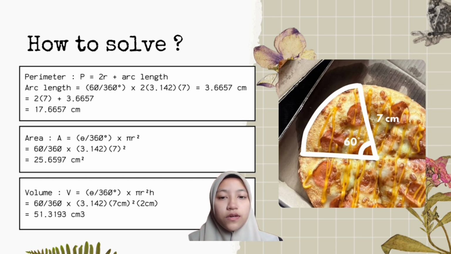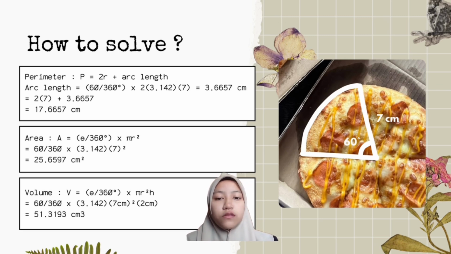Then we have the arc length already. We will put the arc length in the formula of perimeter, and the final answer we get is 70.6657 cm for the perimeter.